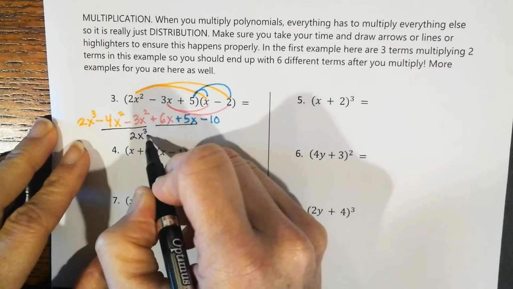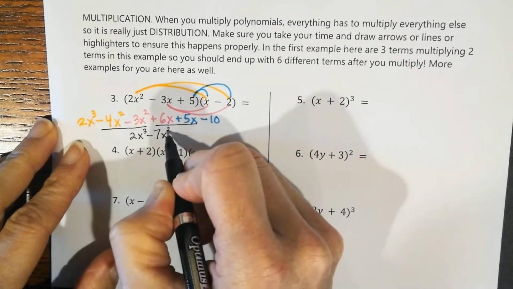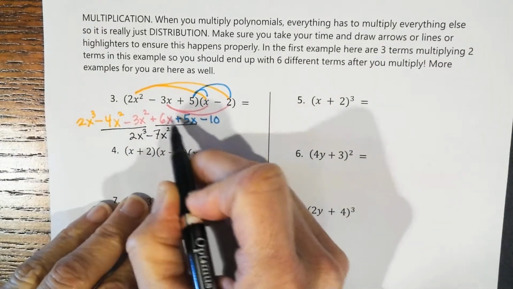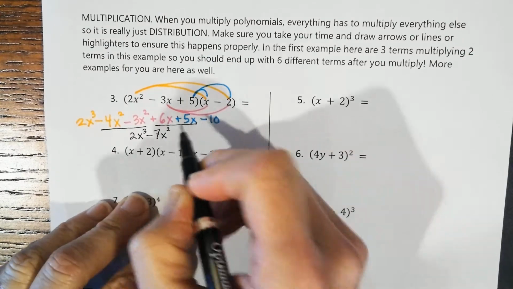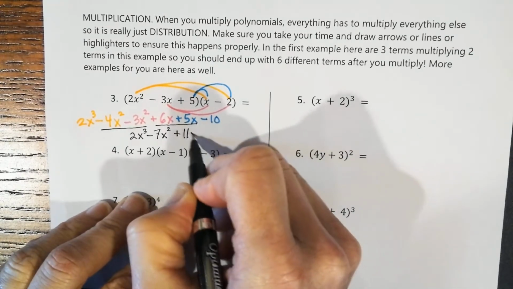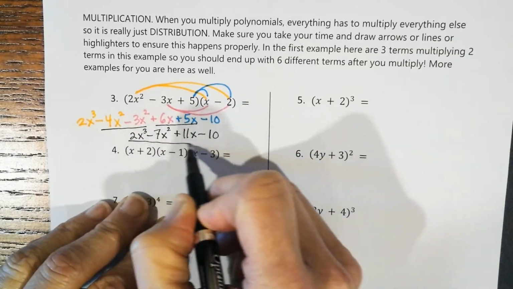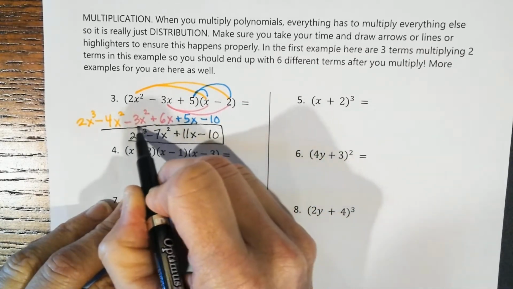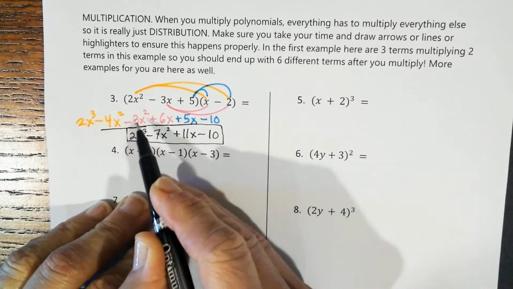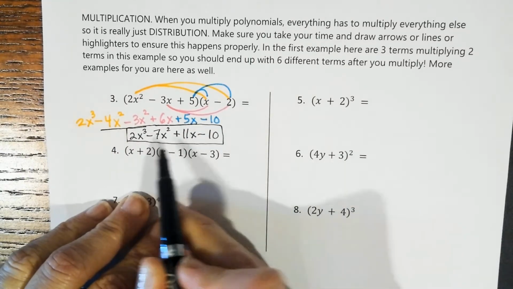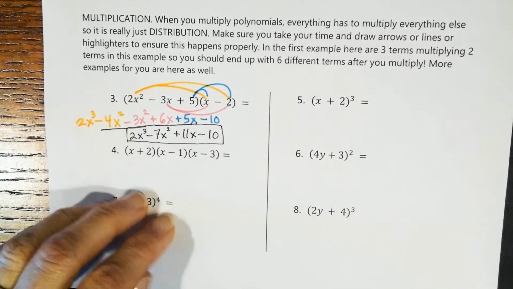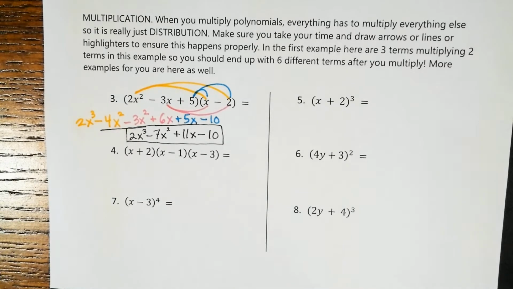So you have a total of minus 7x squareds. Here I have 6 x's and 5 x's to add together. So I have 11 x's. And then minus 10 goes there. So that's my final answer on this one. 1, 2, 3, 4, 5, 6 combine down to simplify with only 4 terms.